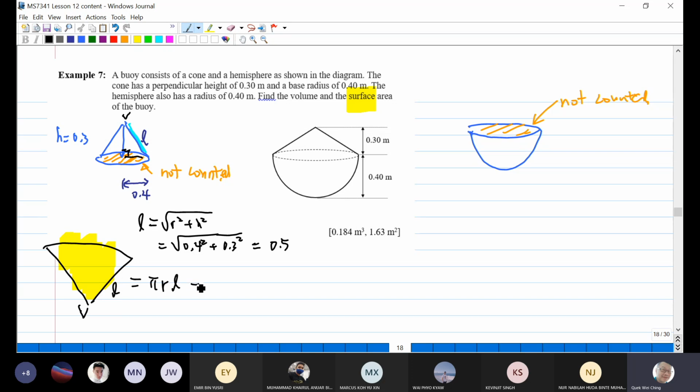So pi R L is pi, R from the picture is 0.4, L is 0.5. So multiply this, you get pi times 0.4 times 0.5, which is 0.628 here.